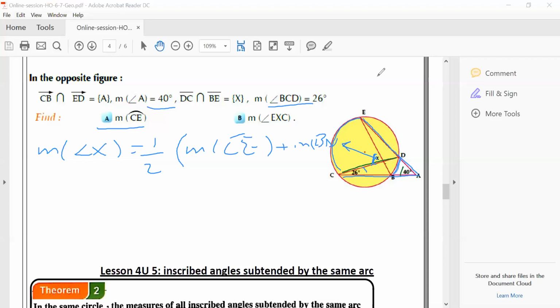Who can tell me what measure BD is equal to? BD equals which angle? Somebody tell me, BD equals what? Salma or Lamis? Salma or Lamis, there is nobody else. I'll wipe this for you, BD. Look at the arc and try to connect the arc with an angle. Salma, did you know, or Lamis, did you know?